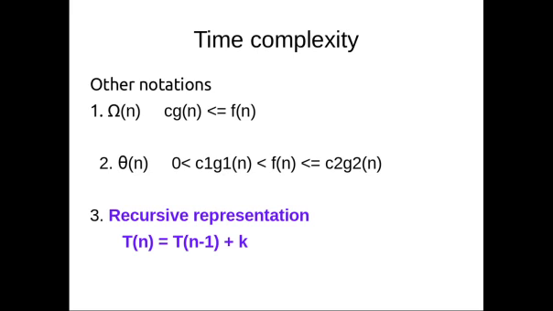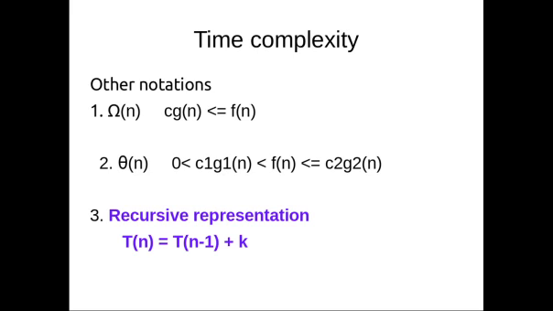Now coming to another representation. Time complexity can be represented in a recursive way. Suppose I have already given you one assignment to find the addition of n numbers. What will you do? You have an array. First retrieve the first element, a of 0, then you call recursively on the other elements.